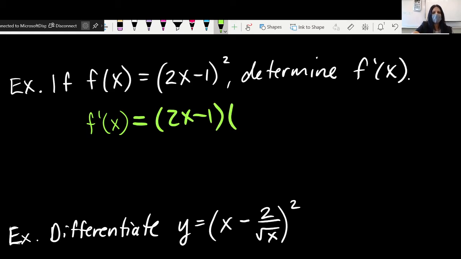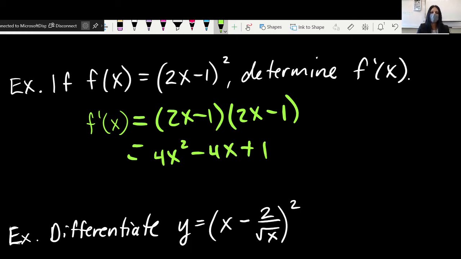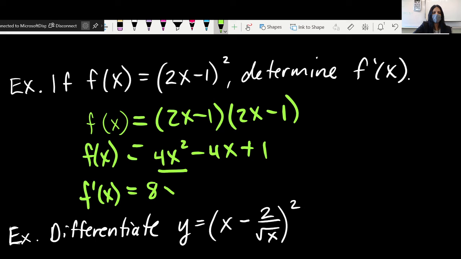So we could do 2x minus 1 times 2x minus 1. And you all know how to do that. 4x squared minus 4x plus 1, when we multiply those two together. And so we haven't, sorry, I should get rid of the f prime on that. It's still just the regular function we're working with. So now I have it set up or spread out into separate terms. So it's quite easy for me to go through and just to be able to take the derivative of each of them. For this first one, we see that it would be 8x.